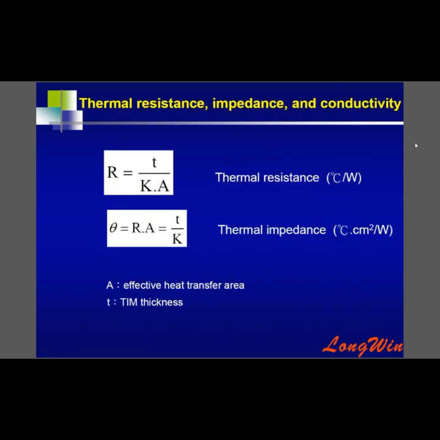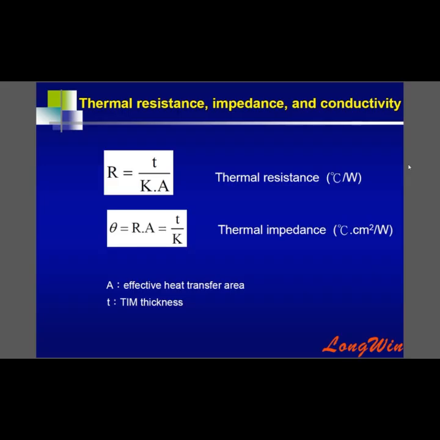So here we can see some formula about thermal resistance and thermal impedance. Actually, there are two ways to describe thermal resistance. The first one is so-called thermal resistance, and the second one is thermal impedance. And you can see from this slide, they have different units.